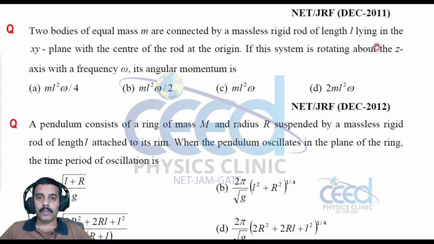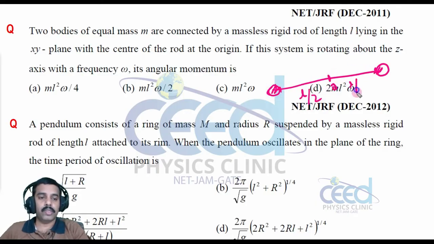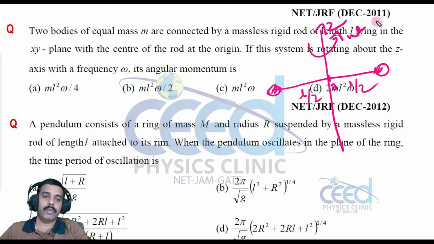So as per this question, two equal masses are connected by a massless rod of length L. About the center, this part is L by 2 and this part is L by 2, and it is rotating about this z-axis with an angular velocity omega.